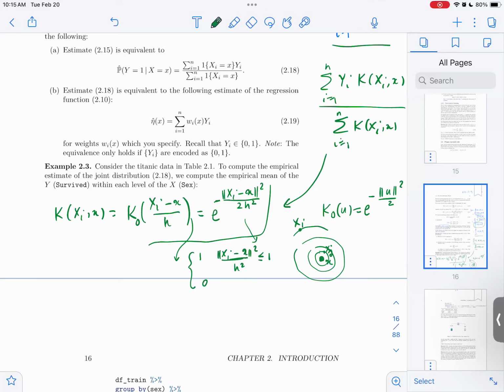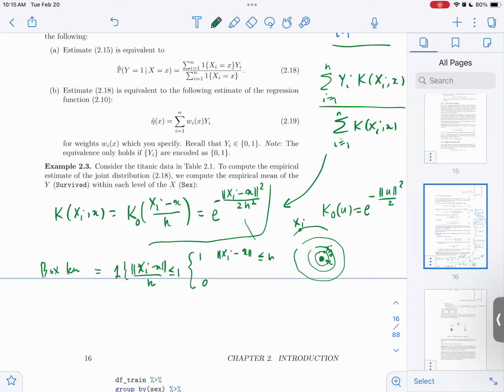So this one you can write as the box kernel: the indicator of |xi minus x| divided by h less than or equal to 1.